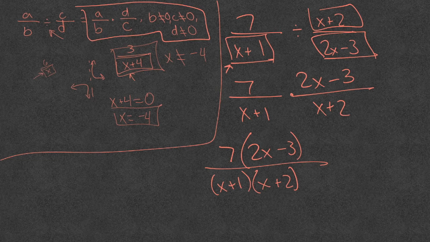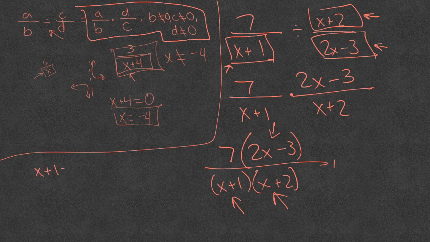The C, which is the 2x minus 3, can't equal 0. And the x plus 2, which is the D, can't equal 0. So we need to see what makes these 3 pieces 0 and say our x cannot equal them. You can either look at it, or set all 3 of those pieces equal to 0.